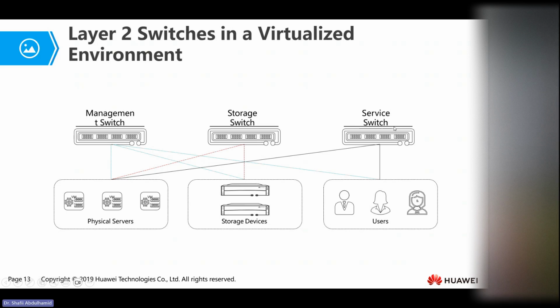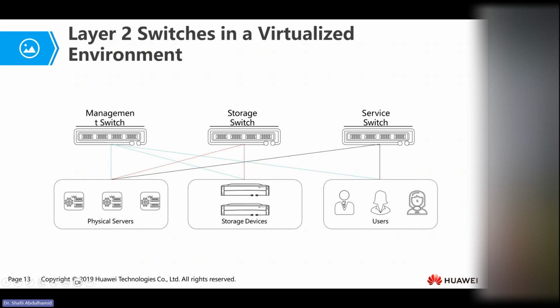Okay, so of course, the service switch can as well send and receive information to the physical server. The management switch can actually communicate with the physical server, the storage servers, and of course the users.